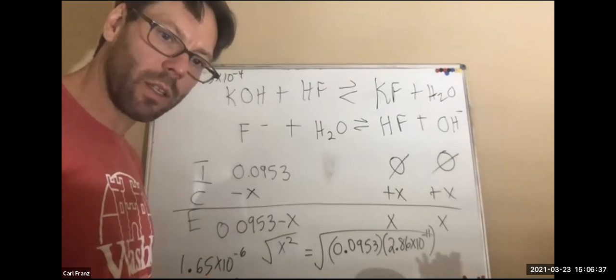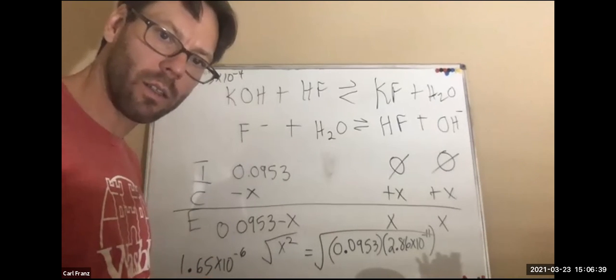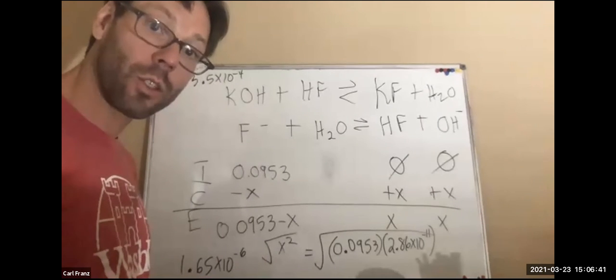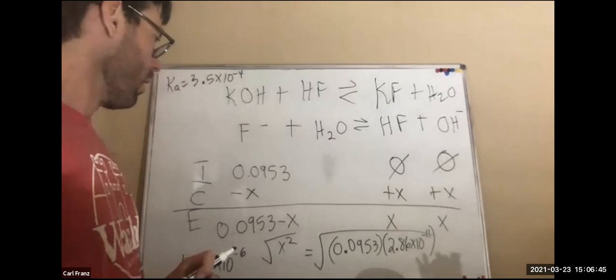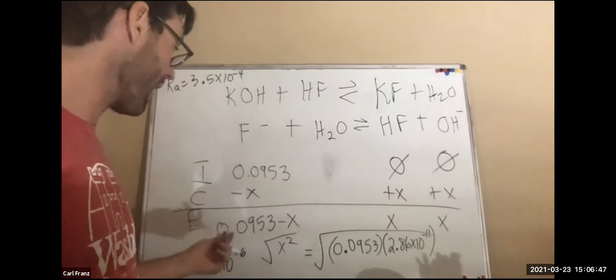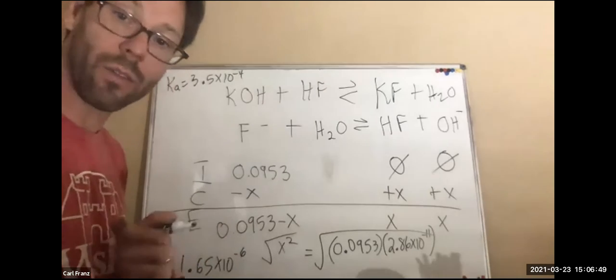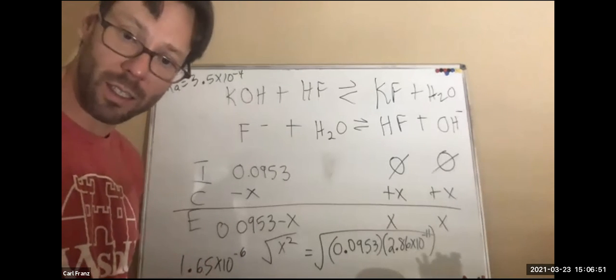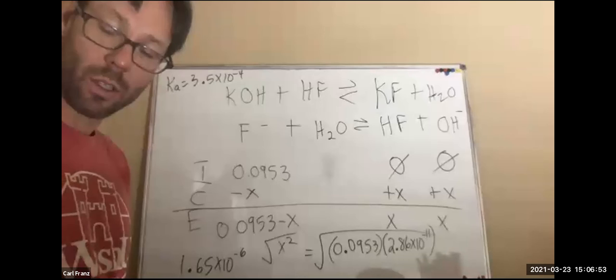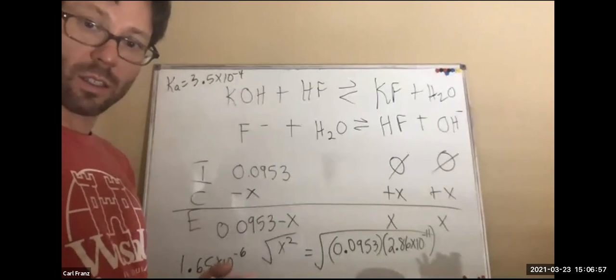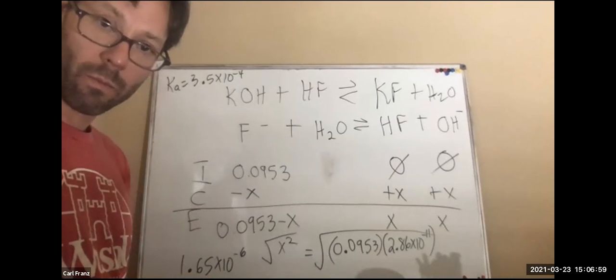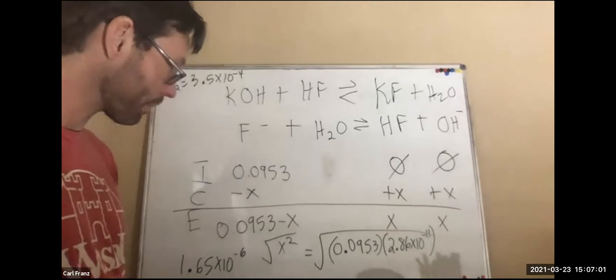One step ahead of me, so now I don't have to ask you. Okay, so if that's the case, we could divide it by 0.0953 and multiply it by 100% to make sure that that was less than 5%, that our x assumption is valid. Let's do that real quick.